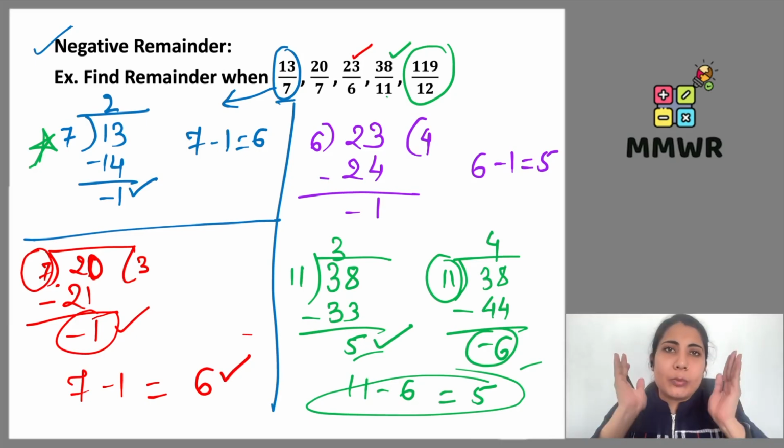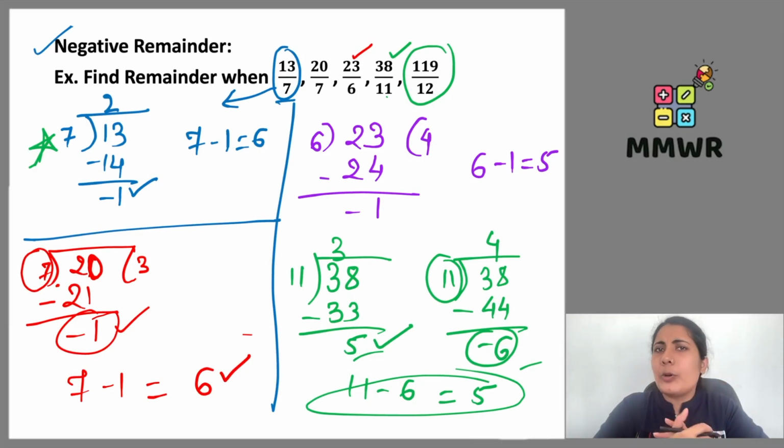So please look for many more examples. Take any random numbers and you yourself will understand the importance of negative remainder topic as we could see in these examples. Four examples actually. Except this 38 divided by 11, it's very easy to divide by taking the help of negative remainder. Right? So please keep on practicing. Take care of yourself. Bye everyone.